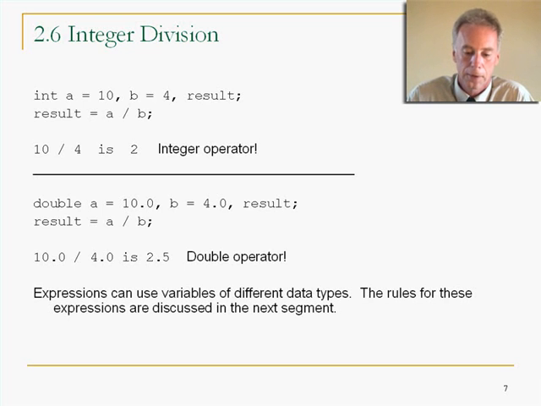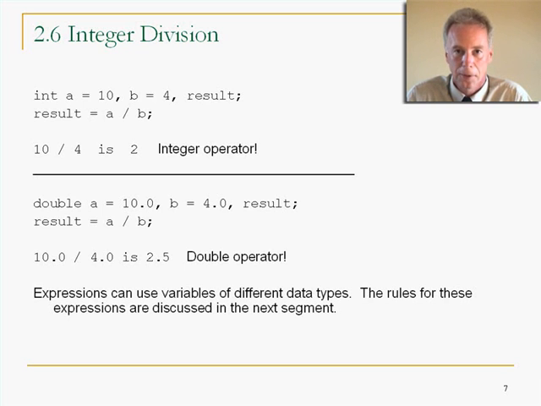So let's look at this example where we declare 3 integers for demonstration, and a has 10 and b has 4. What's 10 divided by 4? Well, you want the answer to be 2.5 because you're used to working in continuous mathematics instead of discrete mathematics. But in this case, when we're using integer variables, 10 divided by 4 is 2.